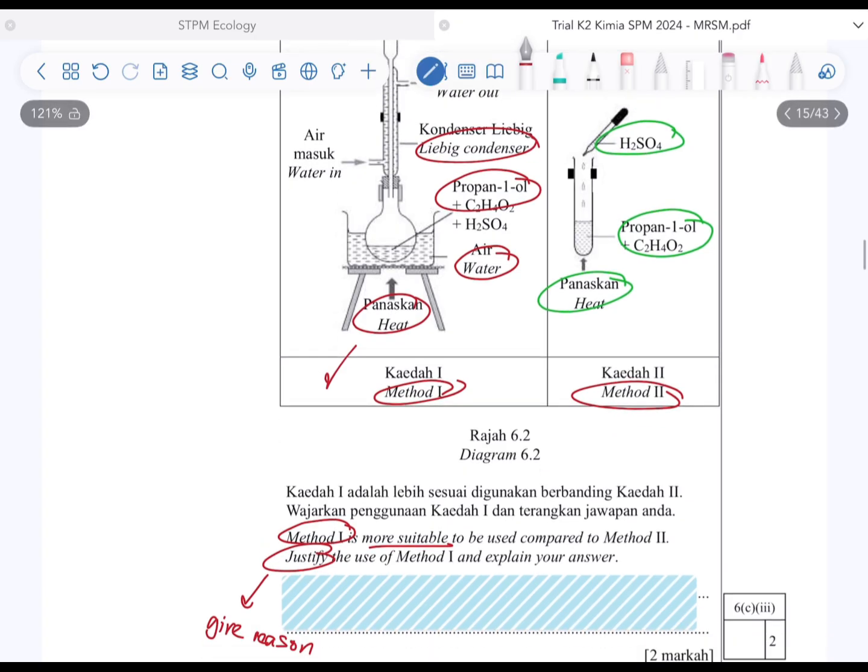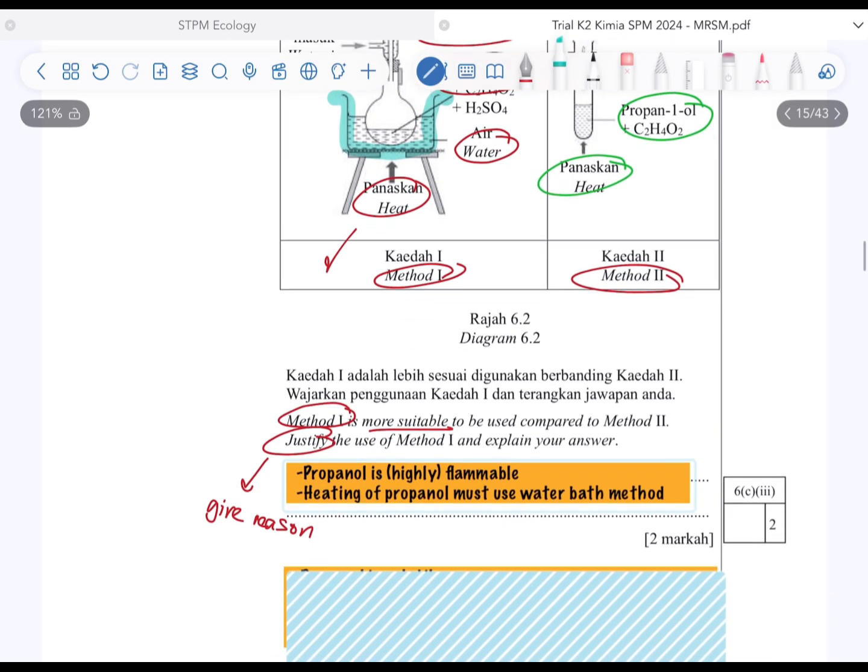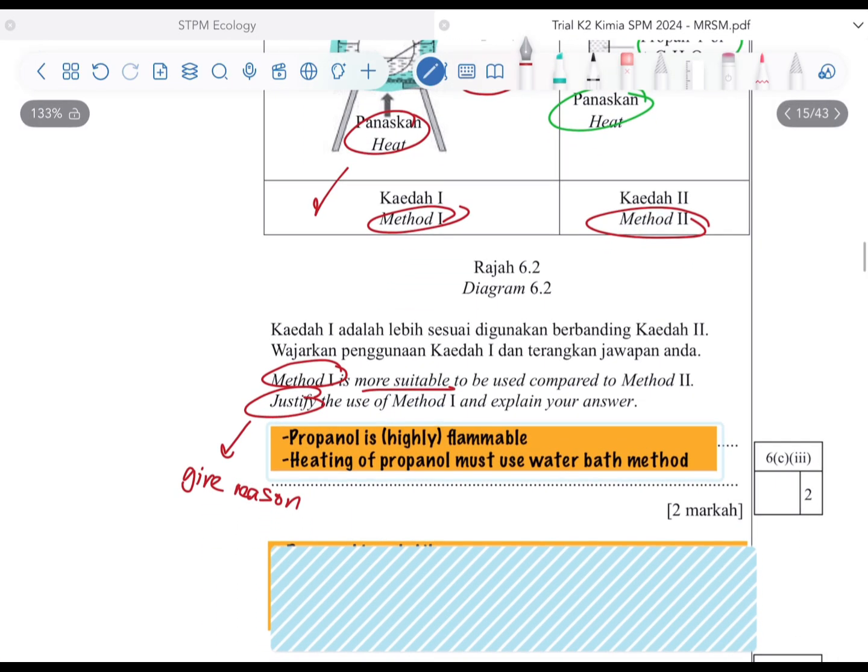Do you notice that we have a water bath over here, right? I believe in your school, when you do the experiments, your teachers will also advise you to put it in the water bath. The reason to keep the water bath is because propanol is highly flammable.